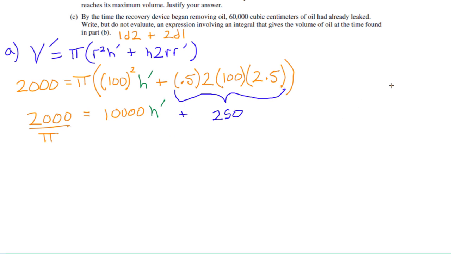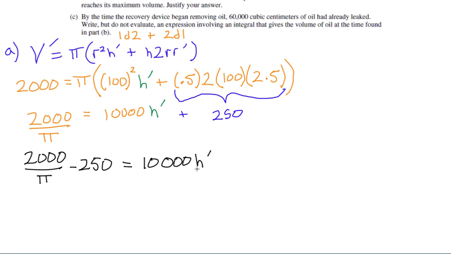All right, next. Now we can just subtract 250 from both sides. I'm now left with 2,000 divided by pi, minus 250, equal to 10,000 h prime.